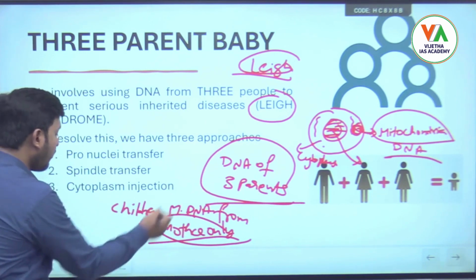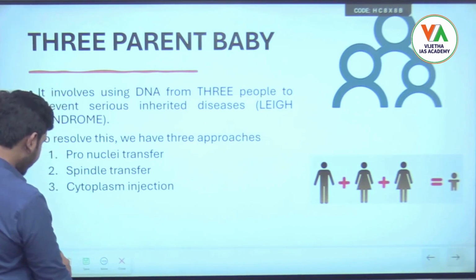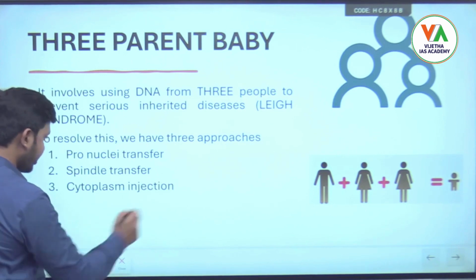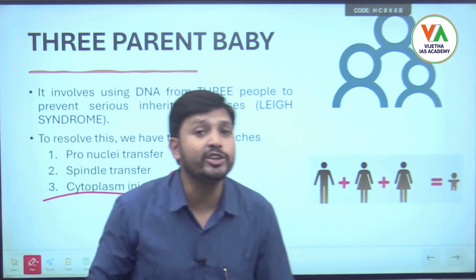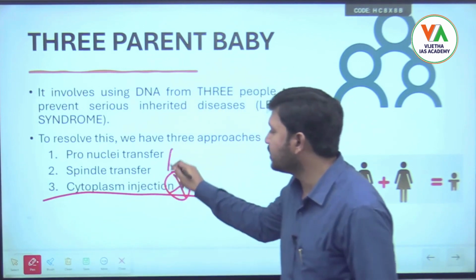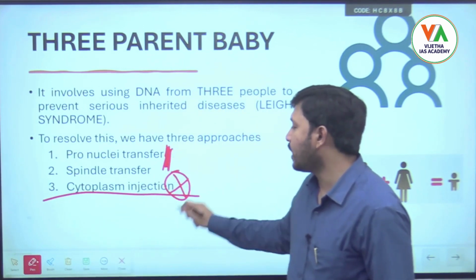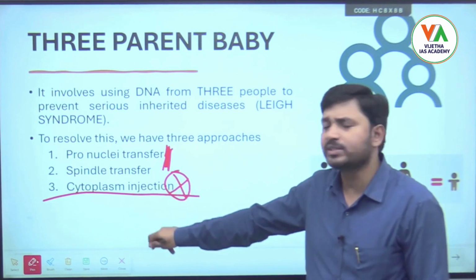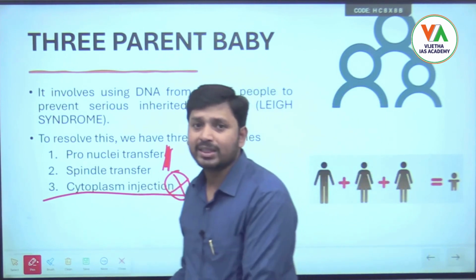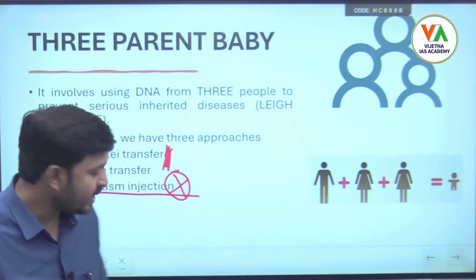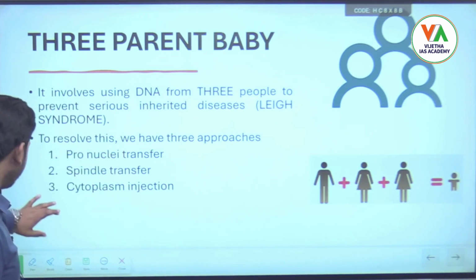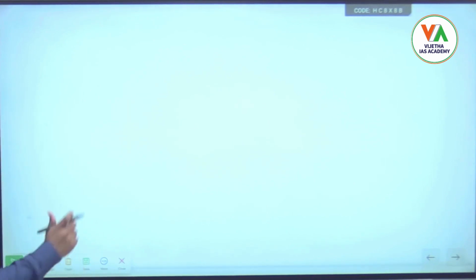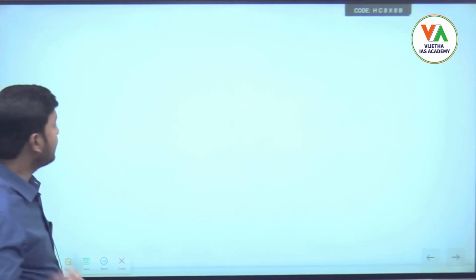But remember, nowadays cytoplasm injection is not being used, and only these two are used, because there are some defects with respect to this technique. We'll discuss those defects. But before that, we'll see the basics. First we'll discuss pronuclear transfer.